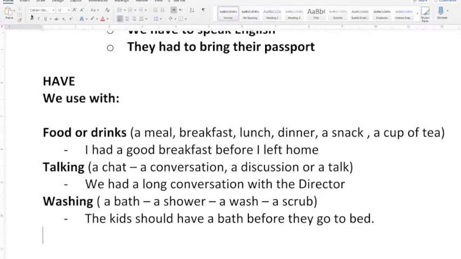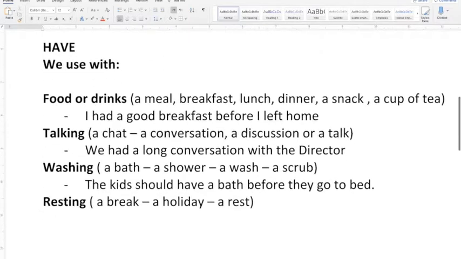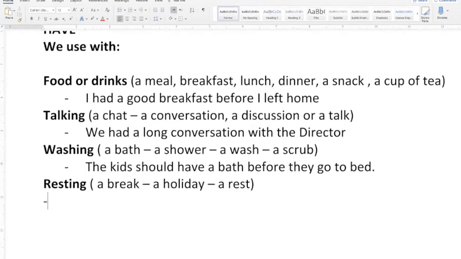The fourth use of the lexical verb have is for resting. When I talk about resting, I mean a break, a holiday, or simply a rest. We can use the lexical verb have for that.